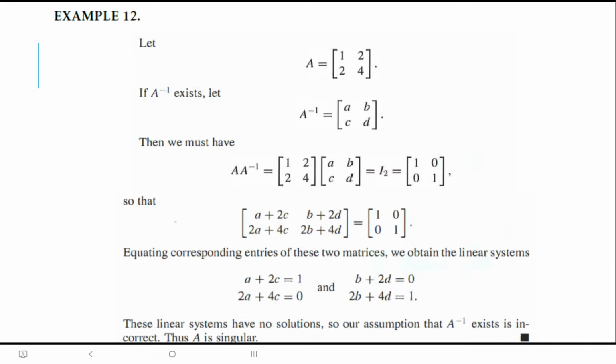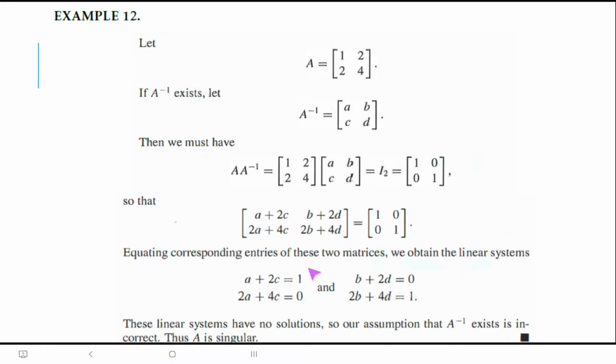Okay, another example. Ganun pa rin, no? So, let A, and then si A inverse, isulat muna natin siya as A, B, C, D. Ipag-multiply, and then equate kay identity matrix. Now, we solve this system. Okay? So, na-discuss naman na natin sa first module natin kung kailan hindi nag-exist yung solution ng isang system.